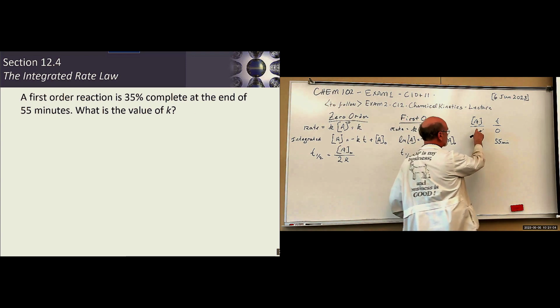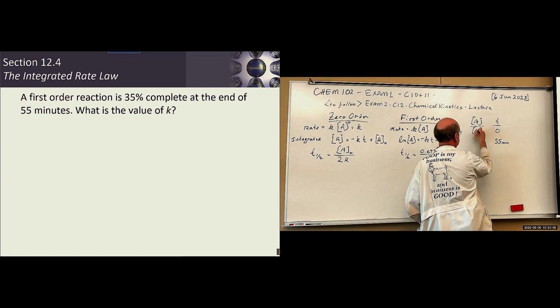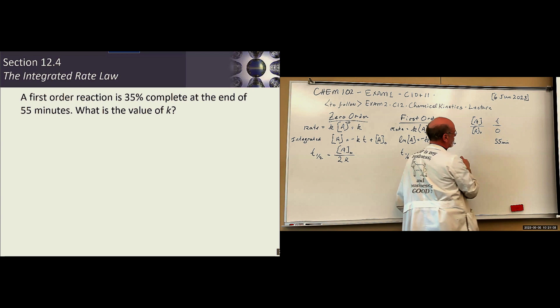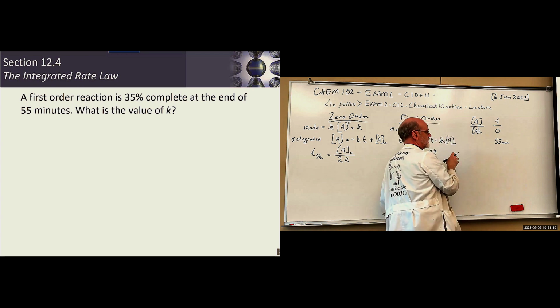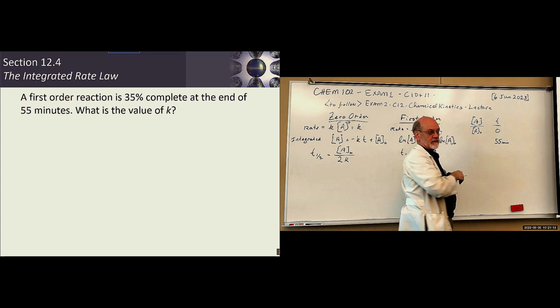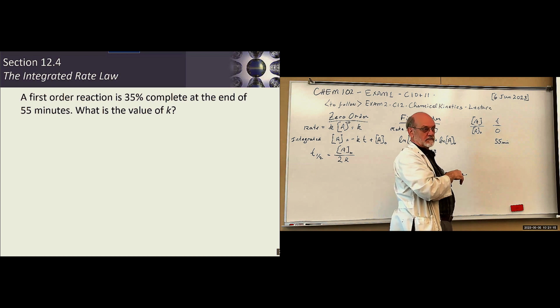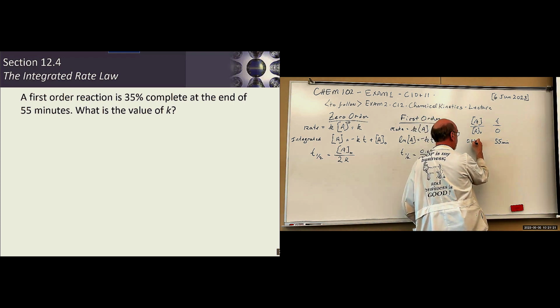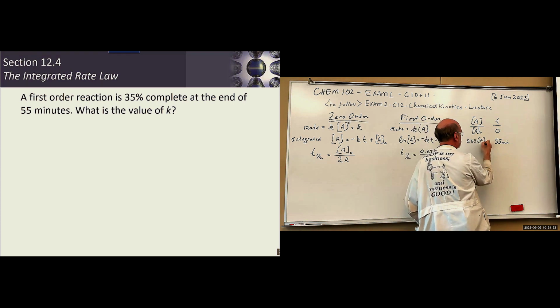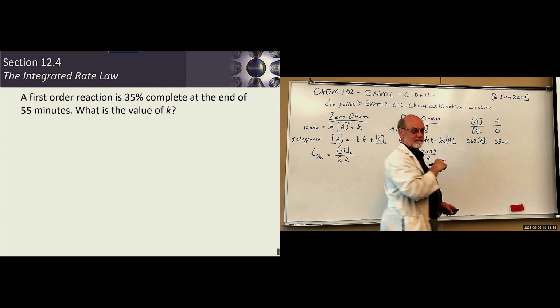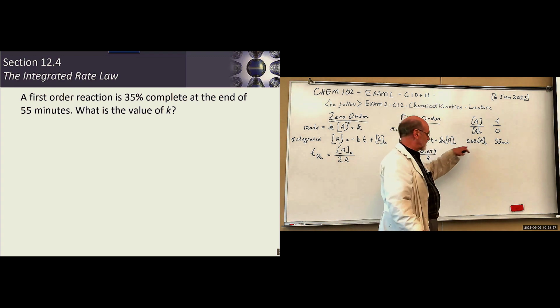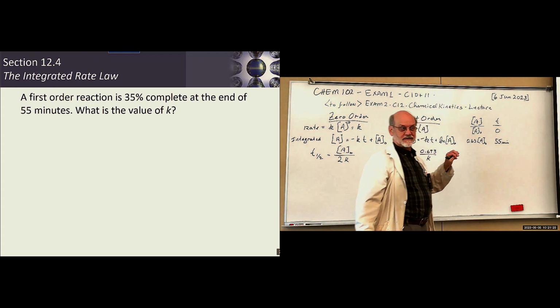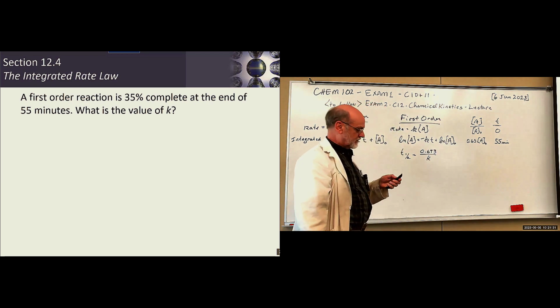Well, if you start off with a certain concentration here, then 35% of it has disappeared. So what do you have left? We have 65%. You have 0.65 remains. If it's 35% complete, you've got that much left over. Okay, that's what that means.